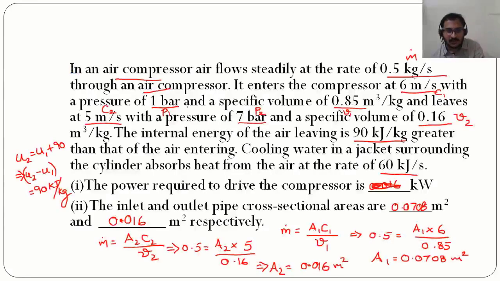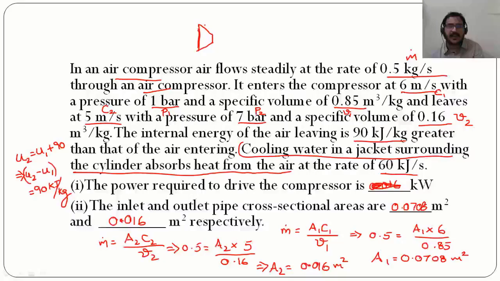Now in the question, the last sentence is very important here. Cooling water in the jacket surrounding the cylinder absorbs heat from the air. See, air compressor is there. So let us say this is the compressor.